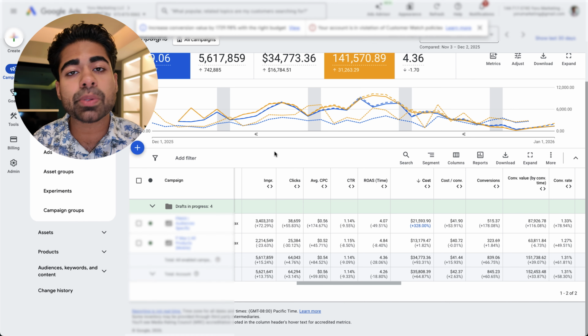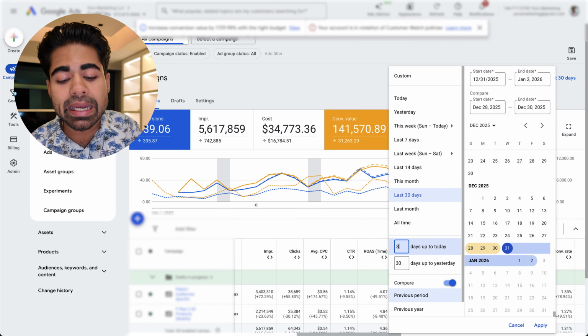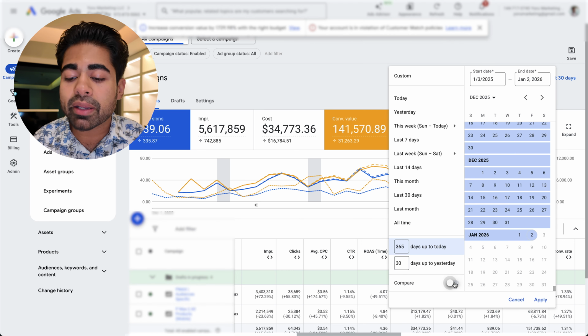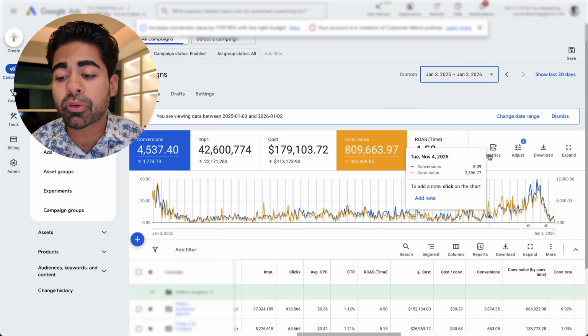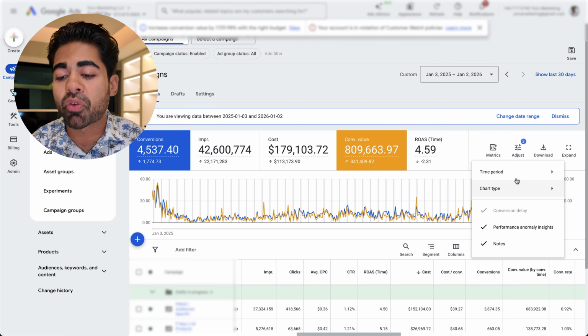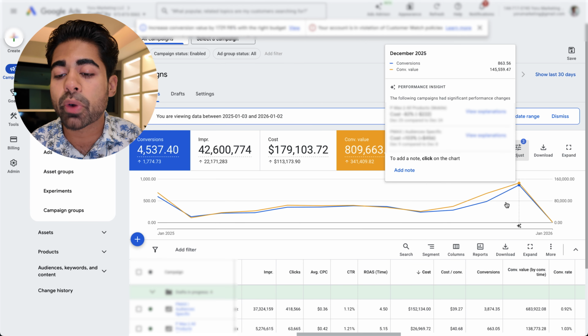And because this brand has been running this wrong campaign structure for a very long period of time, the main issue this brand was facing was during their peak season of October, November, December, although they had a slight increase in the overall ad spend and the overall revenue that they generated from Google Ads, overall, it was nowhere close to where they wanted to be.